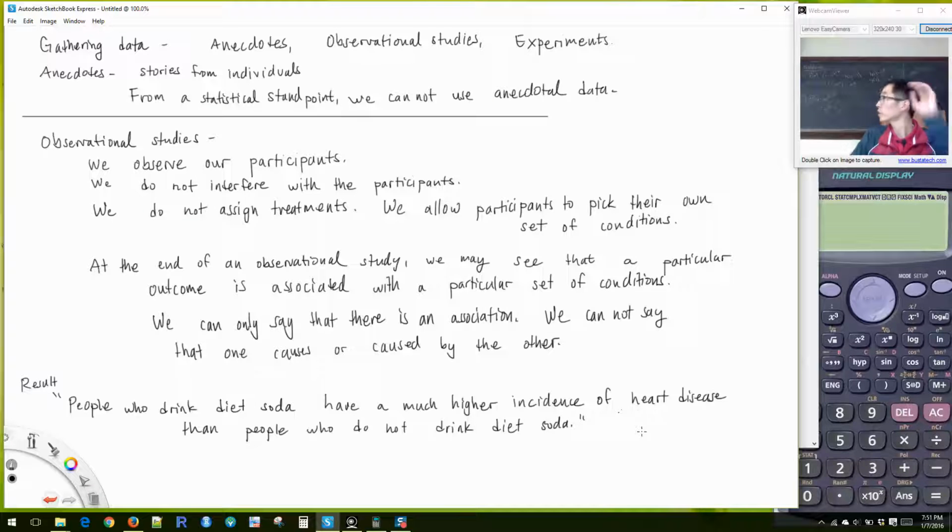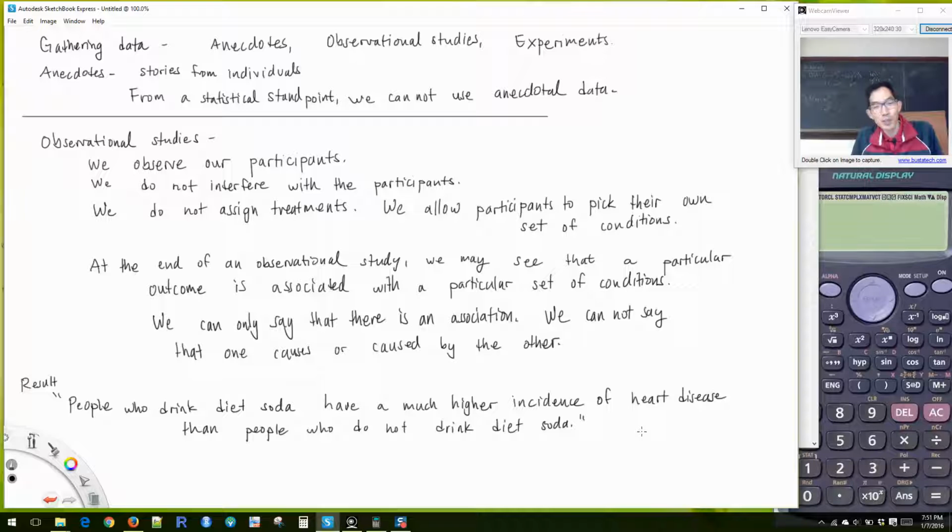Okay, and then after this study was released, all these different websites sprung onto this and said, diet soda is terrible. Aspartame, which is one of the primary sweeteners in a lot of diet sodas, is bad for you, and you're going to have heart attacks and things like that.